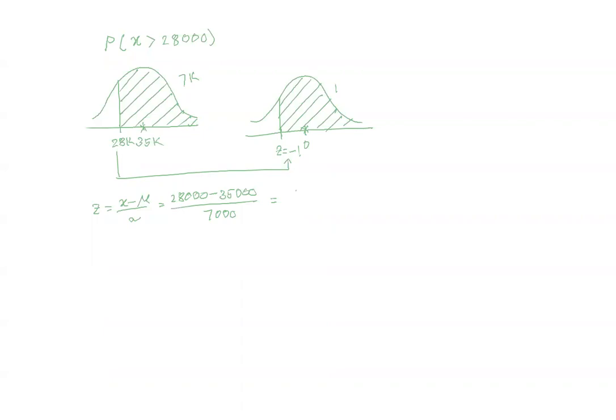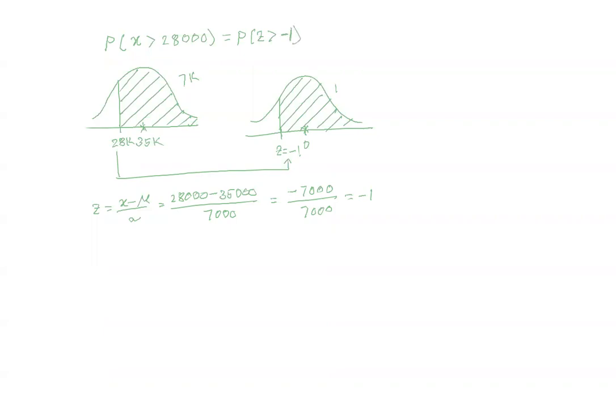That is equal to -7,000 over 7,000, which is -1. So that's what it is. Now that's the same as probability of Z greater than -1.